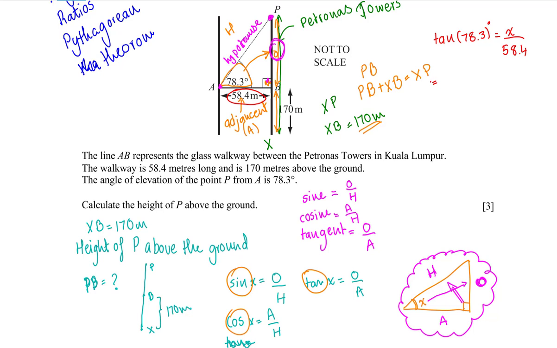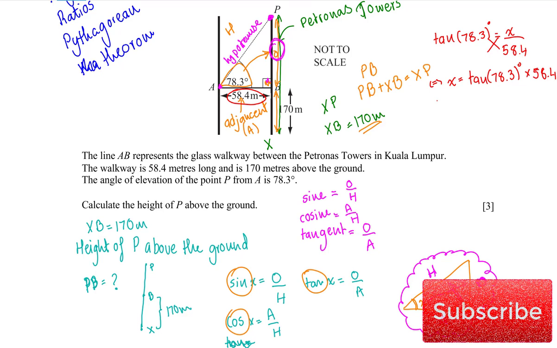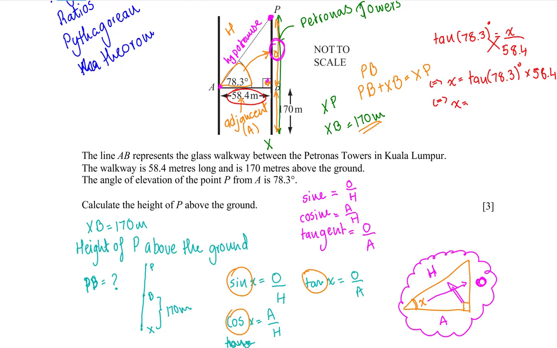Now if you cross multiply, you'll get x is equal to tangent of 78.3 multiplied by 58.4. I would suggest you use your calculator. So tangent of 78.3 multiplied by 58.4, and when we round it, the answer is 282. If we round it to two decimal places, it would be 282.00, so there is no use of it.